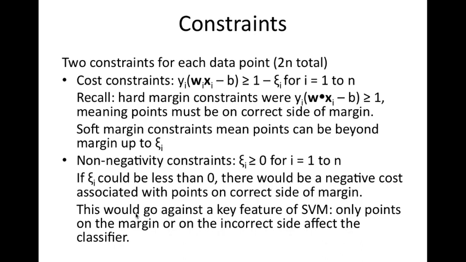But this goes against one of the main features of support vector machines, which is that only the points on the margin, or now in the soft margin case, on the incorrect side, can affect the classifier. That's one of the main things about support vector machines, that we call those points the support vectors, and anything on the correct side doesn't really come into play. That has no effect on the classification rule.